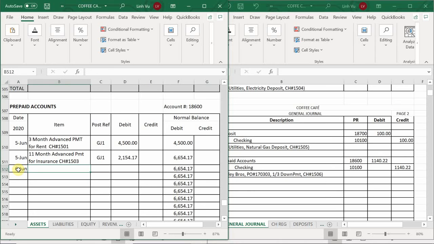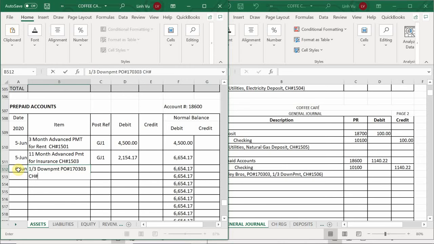And this time, I'm going to say that this is a 1/3 down payment. This is correlated directly to PO number 170303, which tells me what bill or item it's related to.